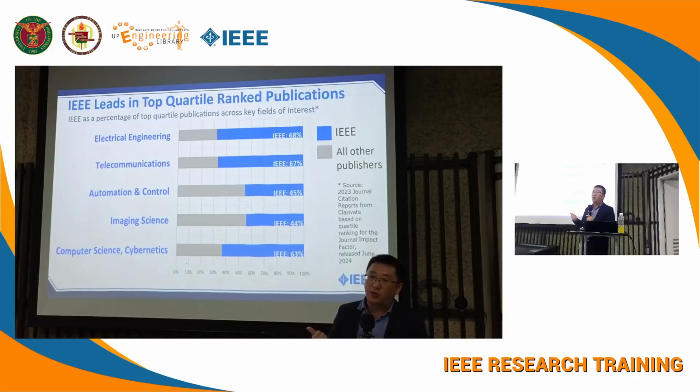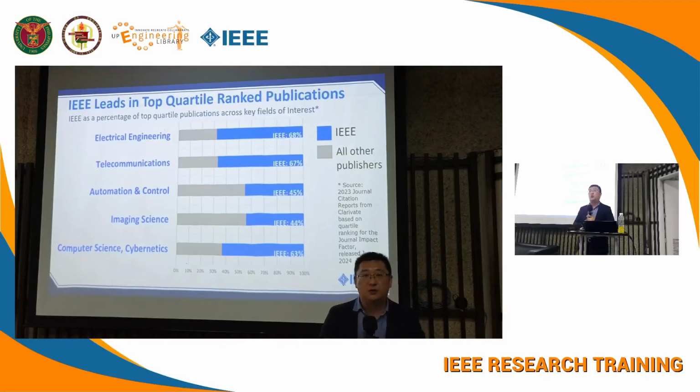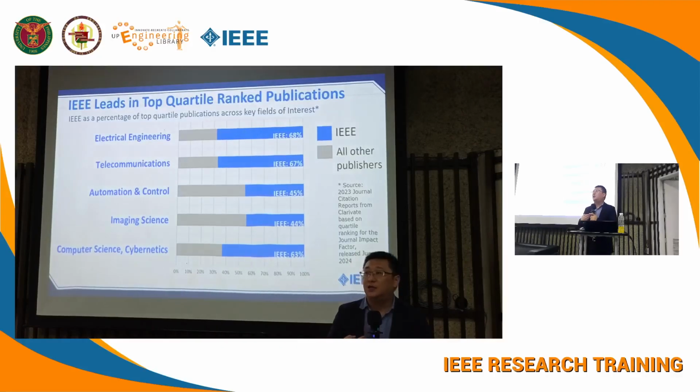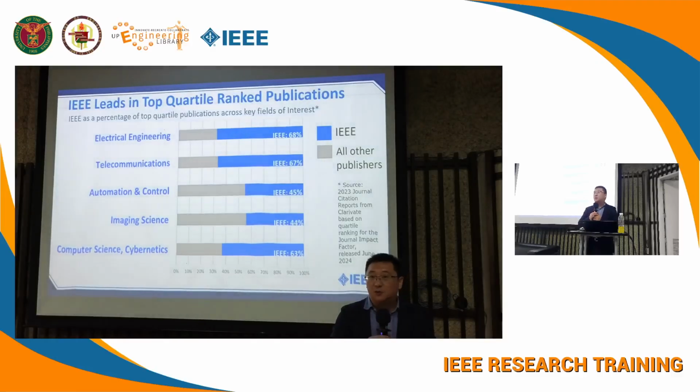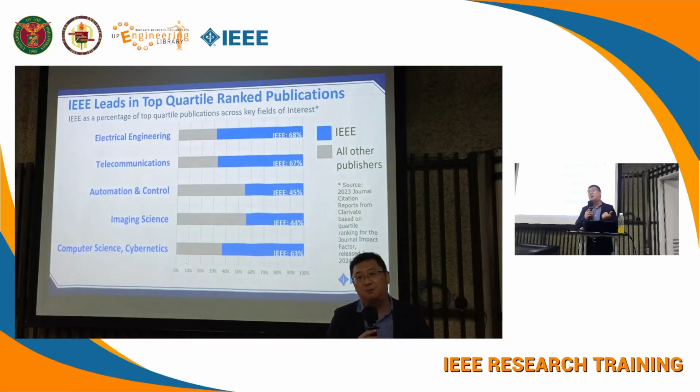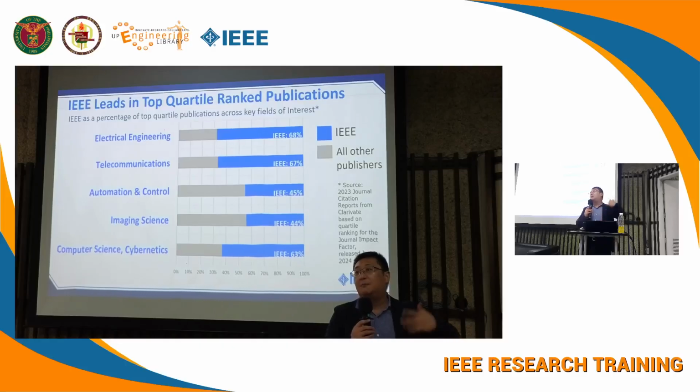How do you know about the quality? Who assures the quality? And how do you, as an individual researcher, assess the quality? For IEEE, there are multiple layers. Number one, if the paper is published with IEEE, it means the paper has passed through the peer review process. Editors, reviewers, they have checked the quality, especially the top ranking journals.